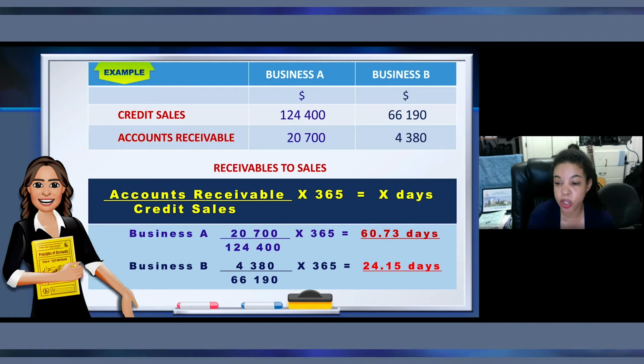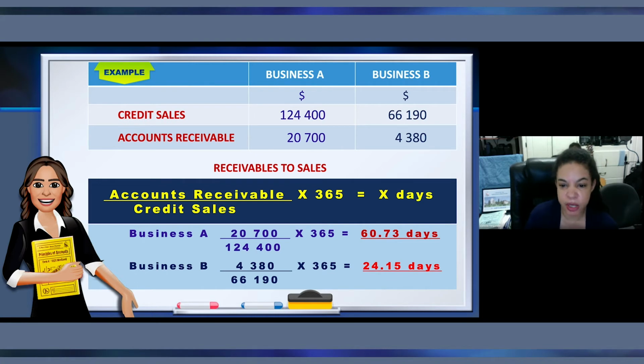But make sure you must always have days. It's not going to be correct if you don't have days, right? You have to be very specific because this ratio is telling you the average amount of days that it takes for us to receive. So these were our answers for the receivables to sales figure.